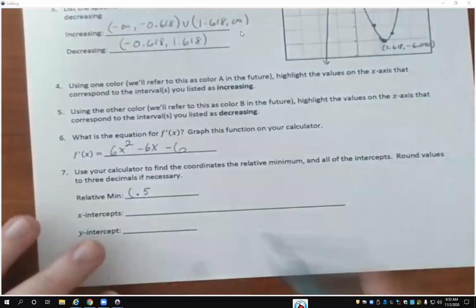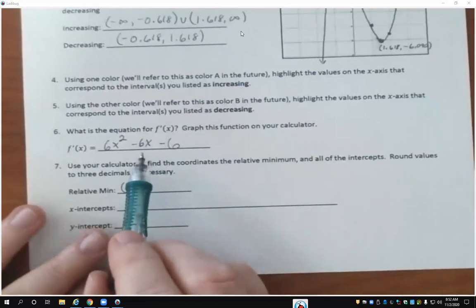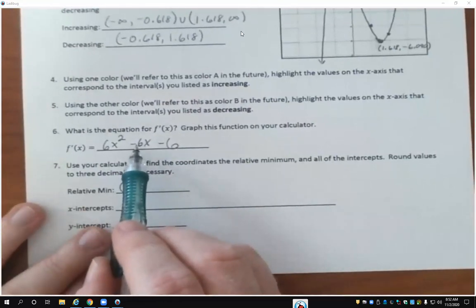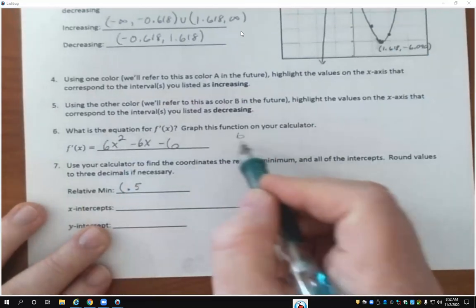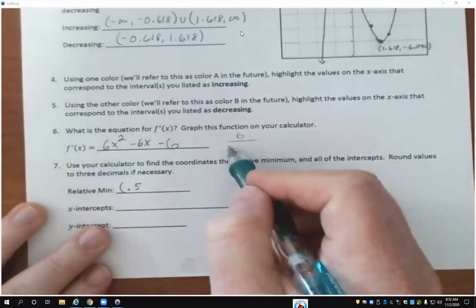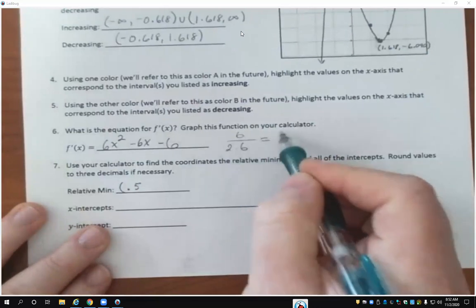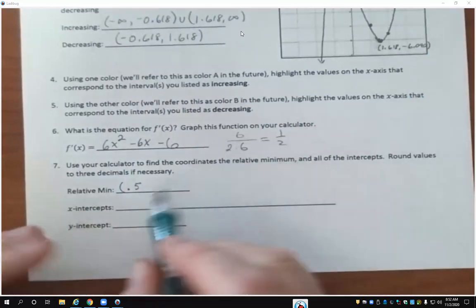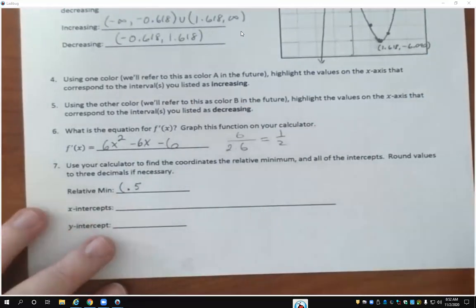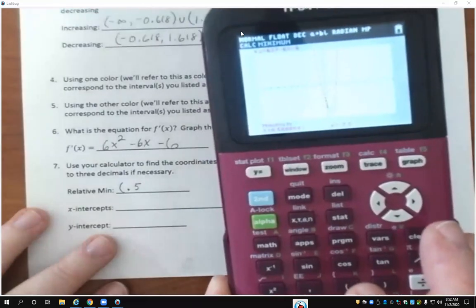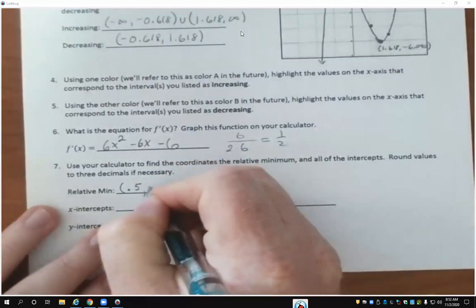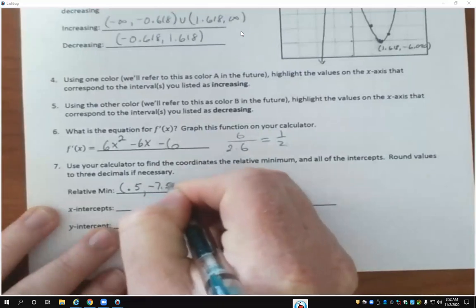What you have to remember from Algebra 2 is that to find the vertex, you do the opposite of b, which is 6, over 2 times a, which is 2 times 6, and that is exactly 1/2. The calculator misses some things a little bit, but you should be able to recognize that 0.500000 is just 1/2. And then the y coordinate is negative 7.5.